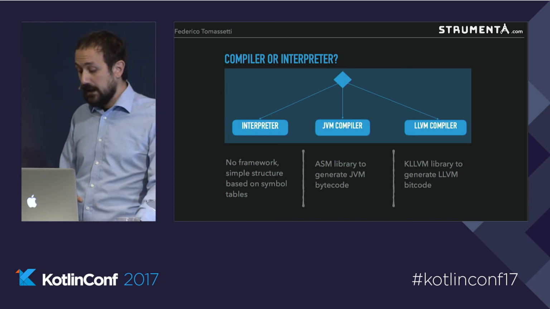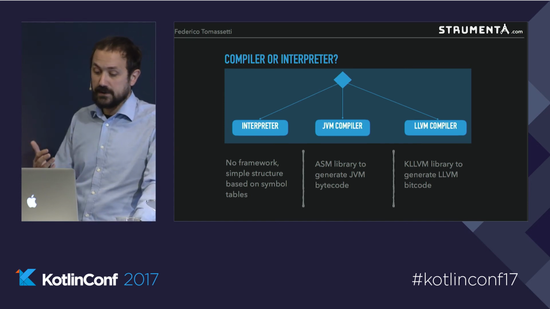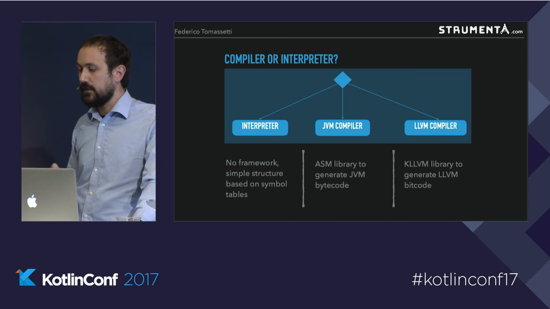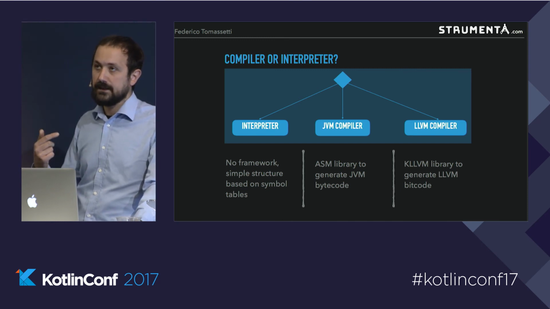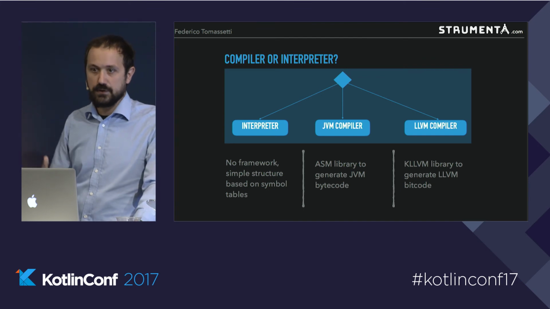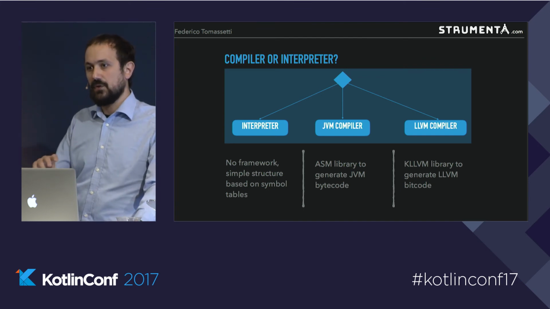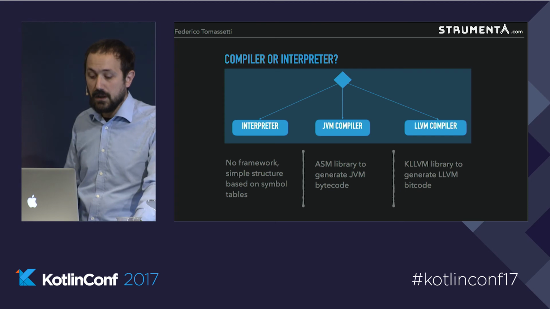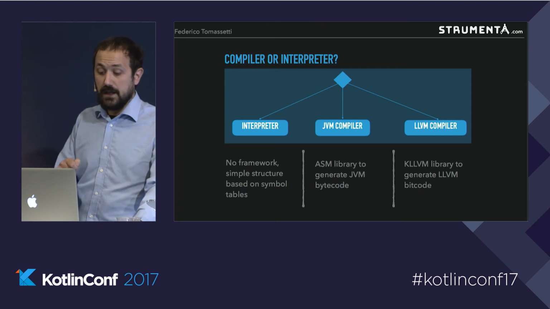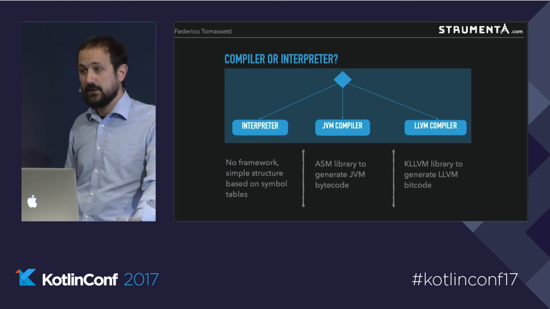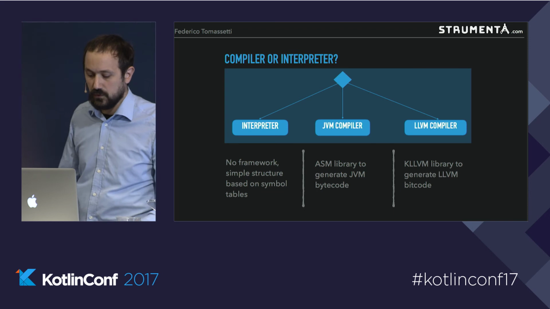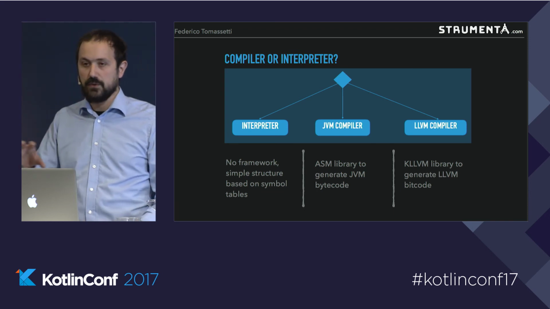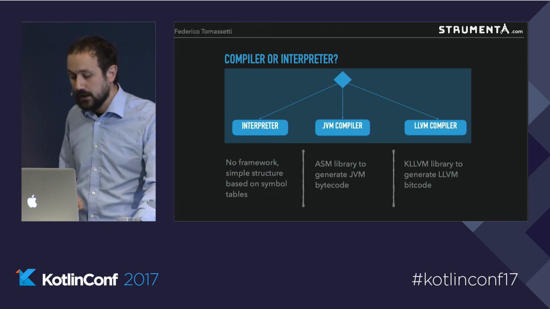Writing a JVM compiler is quite a bit more complex because it requires familiarizing yourself with the JVM internals and understanding this stack-based approach, so putting the values onto the stack and later invoking the operation. But you can use a library called ASM that really simplifies your life and hides some technical details, like, for example, things about the class pool that you do not need to know in detail to be able to write a JVM compiler.